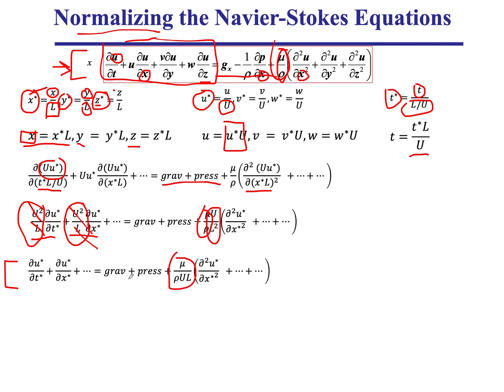So everything looks exactly the same. So this would be gravity star, and this would be pressure star, and here I have the Laplacian star of the velocity vector, the dimensionless velocity vector.